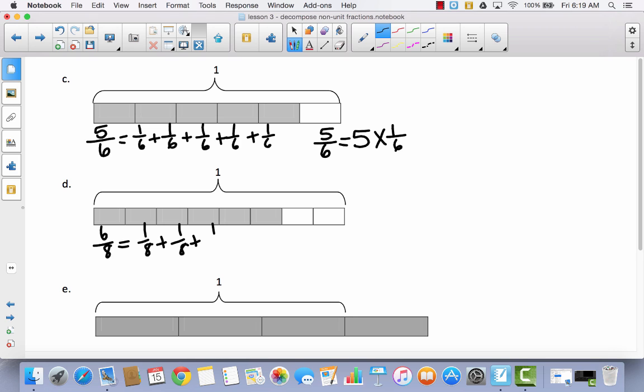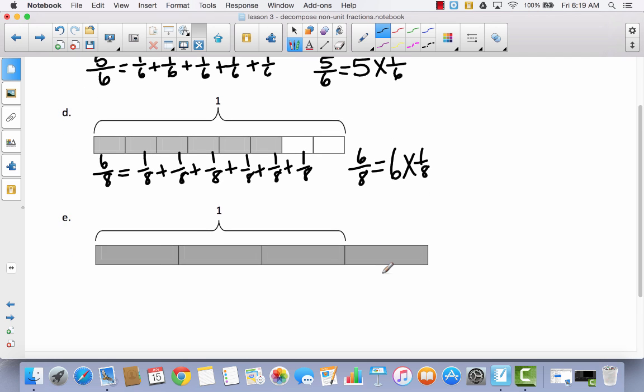So that's 2, 3, 4, 5, 6. So much faster to write the multiplication sentence, isn't it? 6/8 is equal to 6 times 1/8. And notice how I make my whole number as tall as my fraction. That keeps me from getting confused between the fractions and the whole numbers.